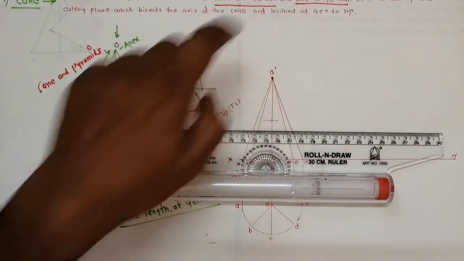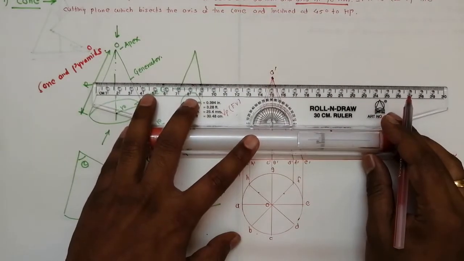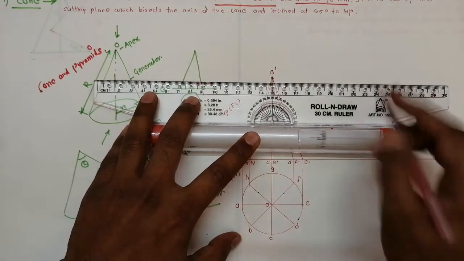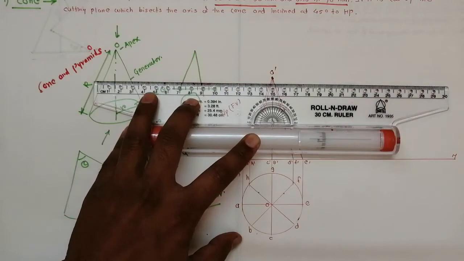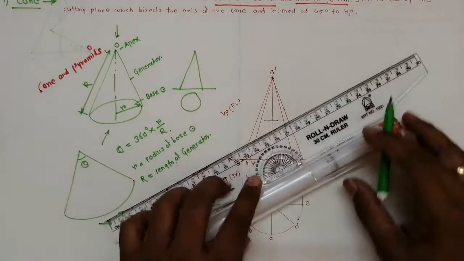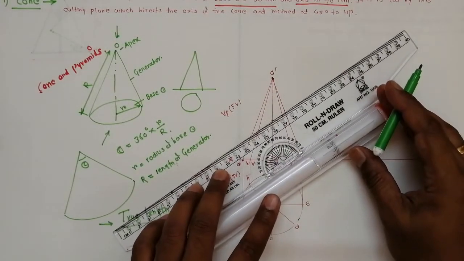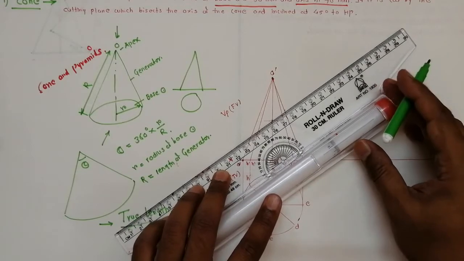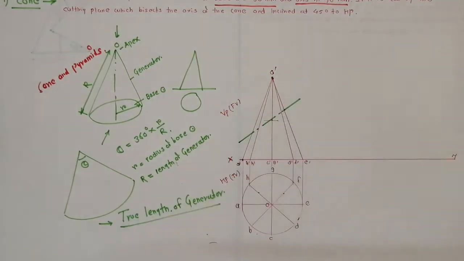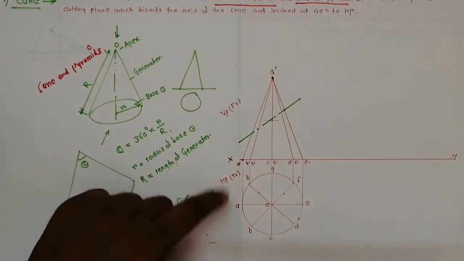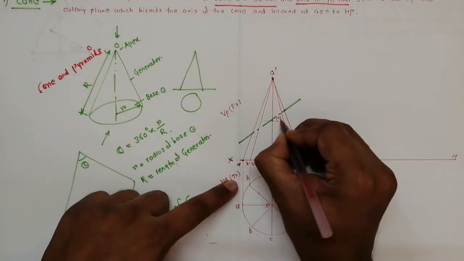We have to take a 45-degree angle, so I'm taking a 45-degree angle here. Then draw that section plane like this. So this is the cutting plane which is inclined at an angle of 45 degrees.